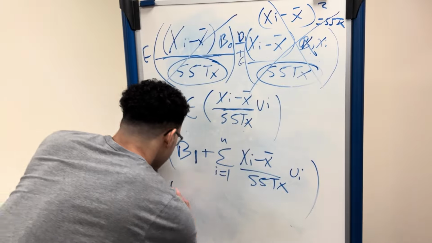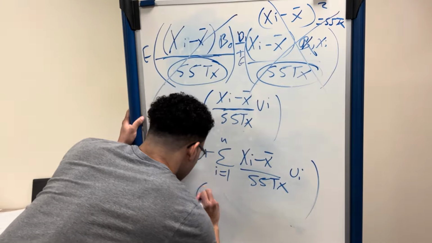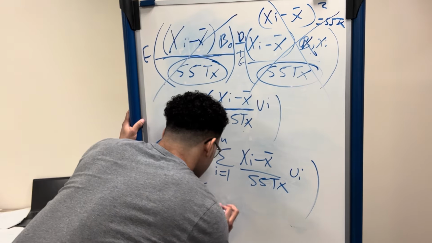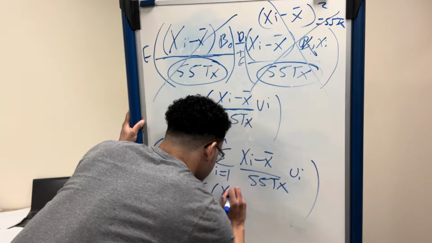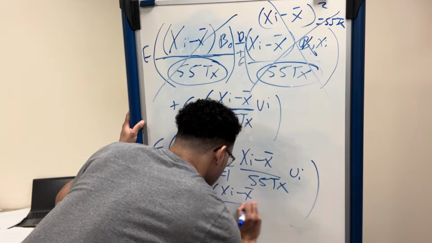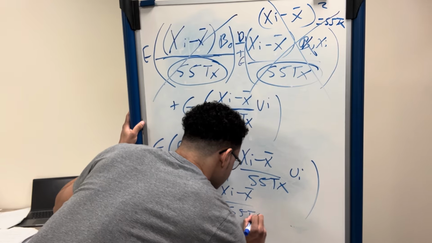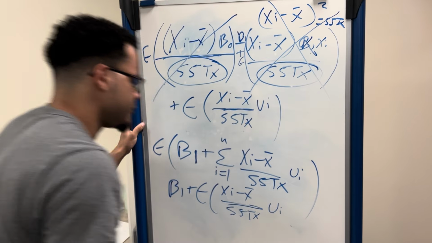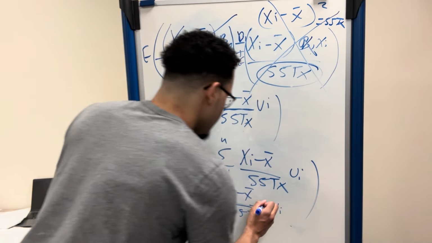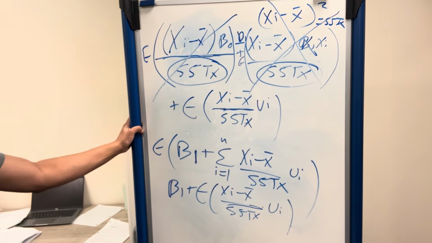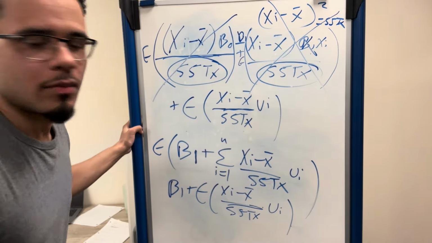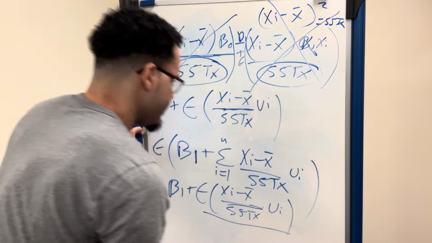If we move the beta 1 to the outside and just evaluate this part, it equals the expected value of xi minus x bar over SST of x times ui, right? And we are left with this.